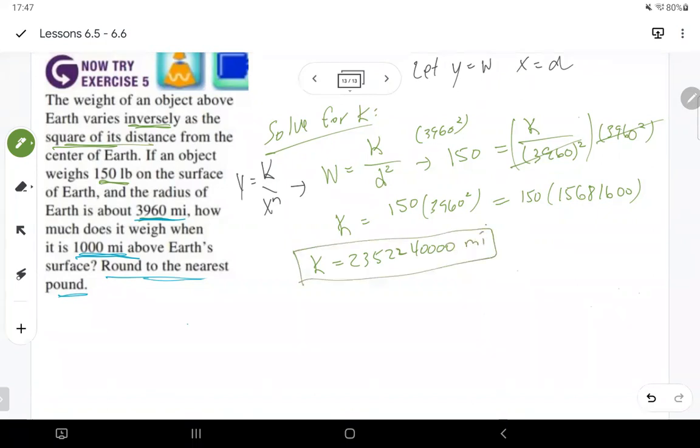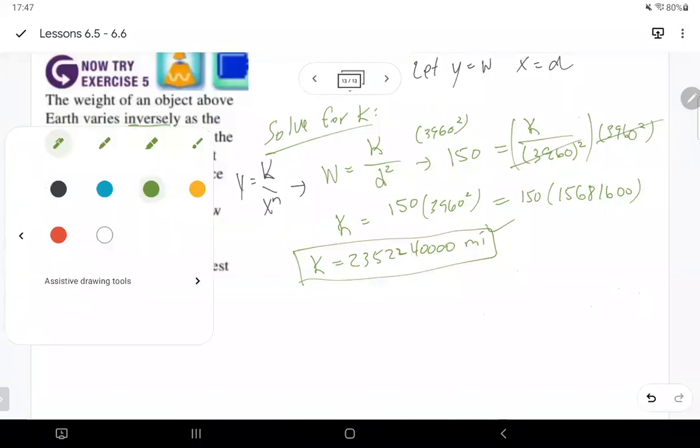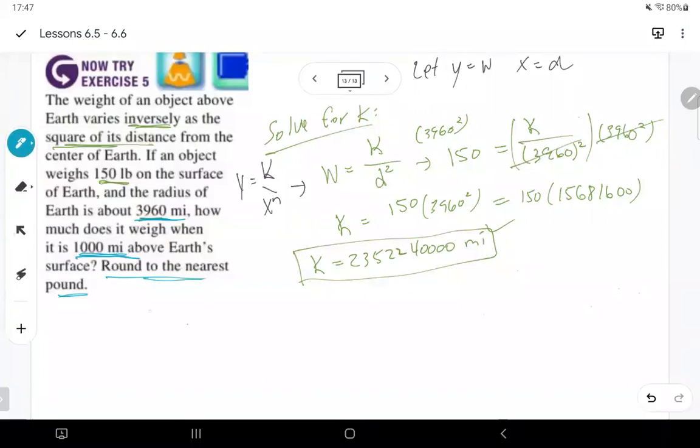Okay, so there's k. And then the next step you want to worry about is we have to find w when we're now 1,000 miles above that.